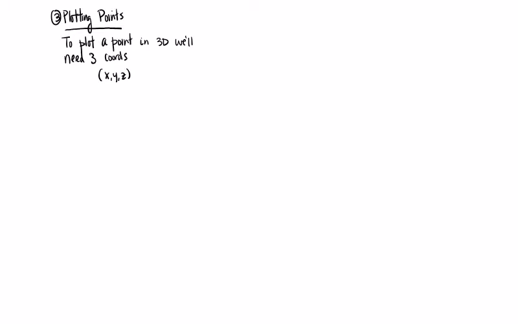And the way to do this, I mean, there are a bunch of ways, but a good introductory way, let's say, is to first plot x and y, then measure up and down for z.